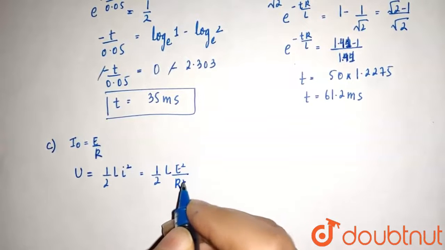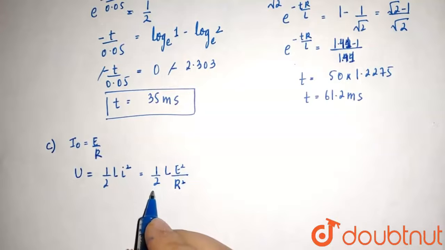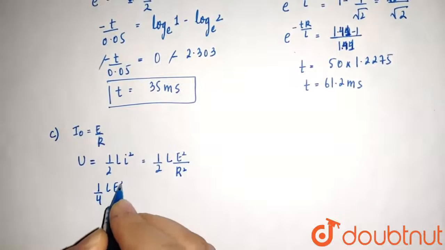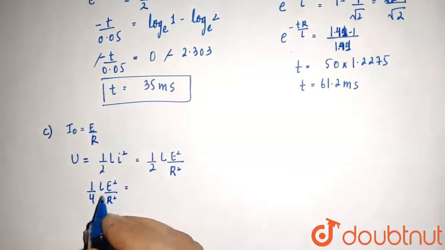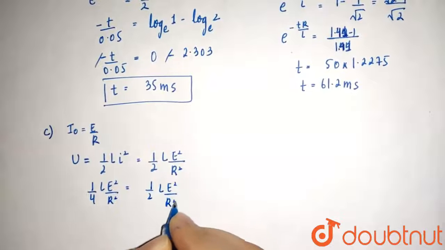After this we need to calculate when it reaches half its value; half of half is 1 by 4th, so we can write 1/4 L E square by R square is equal to 1/2 of L E squared by R squared.